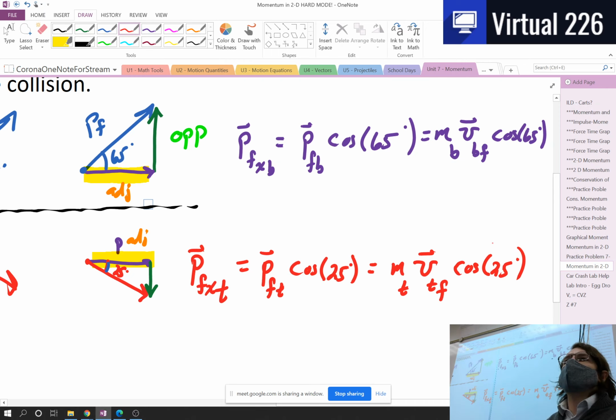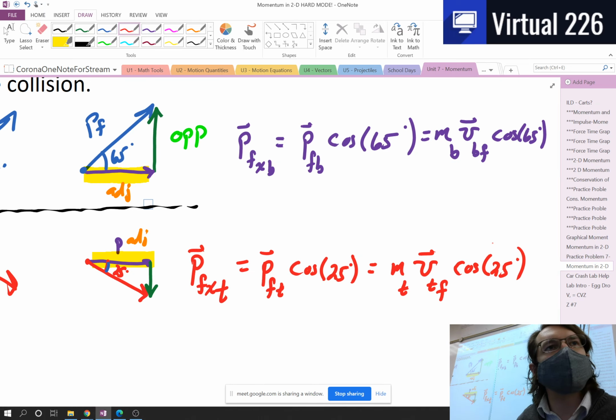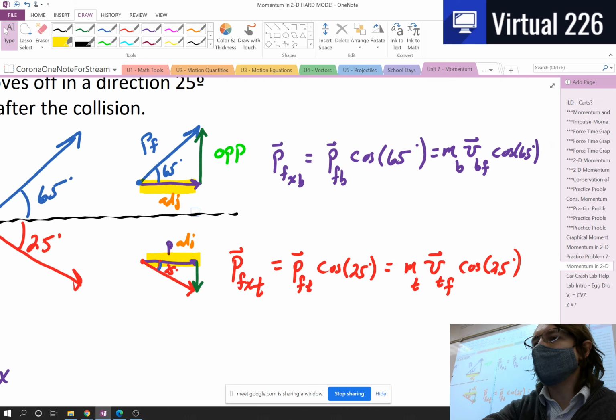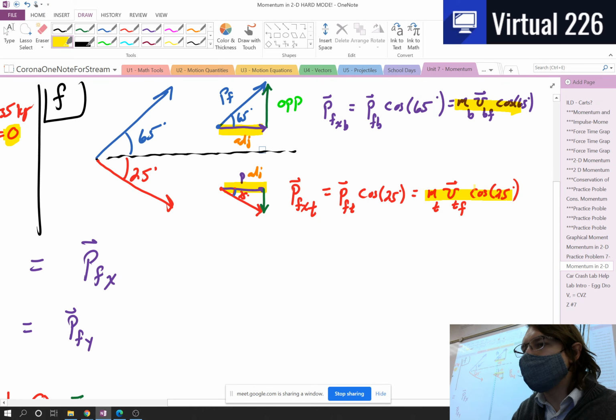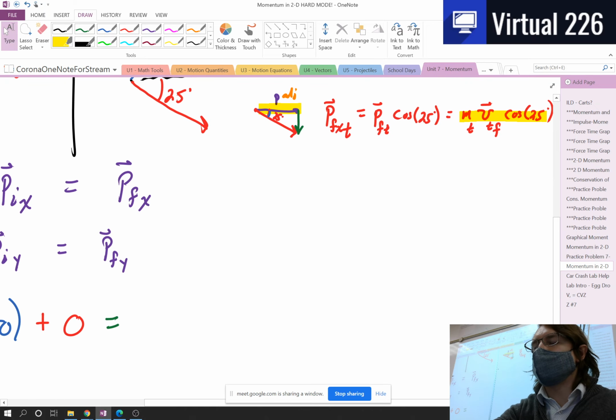So we just took some final momentum here, but I only want the x horizontal component of that momentum. And now, since we know what these values could be, here and here, these are what we're going to add together down below in our giant x equation.